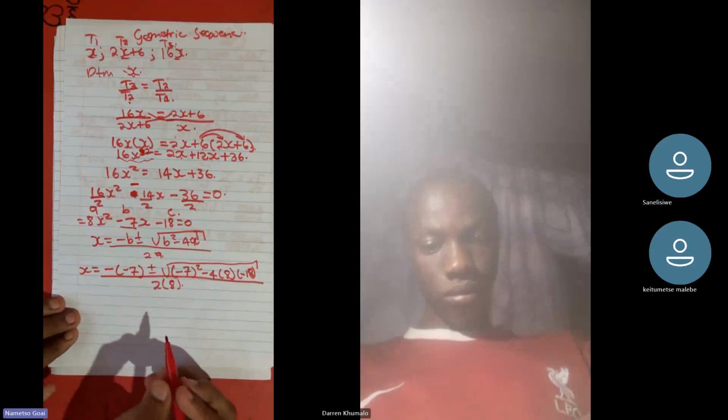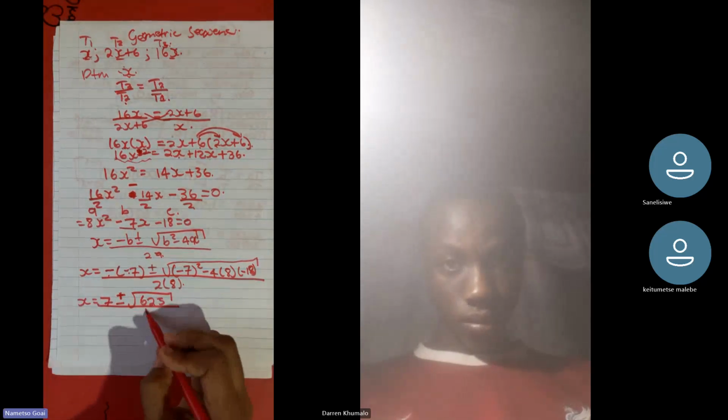All divided by 2, all into what is our a in this question? 8. Right, now let's fix this up. We have x equals to this. When you multiply it in, it's going to give you a positive 7 plus minus root. When you punch this into your calculator, minus 7 squared minus 4, 8, minus 18, it's giving me 625 all divided by 16, right?